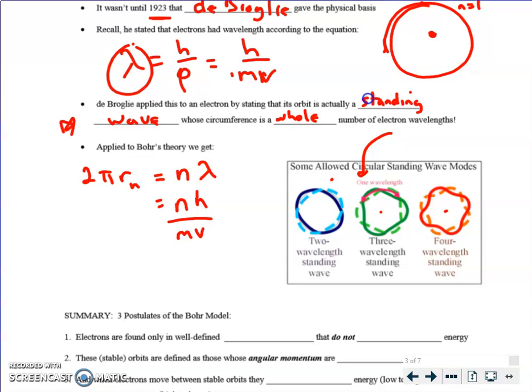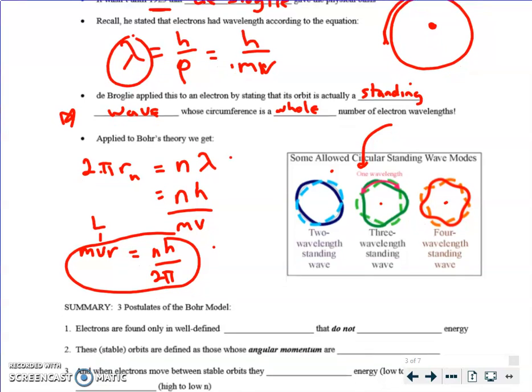So if I move things around, I see that mvr, oh gosh, that's our angular momentum, equals n h over 2 pi. And if you go to the first page, you'll see exactly that's what Bohr assumed almost a decade earlier without any physical basis. So that's pretty remarkable. So this derivation is fairly straightforward if you know where you're trying to end up.